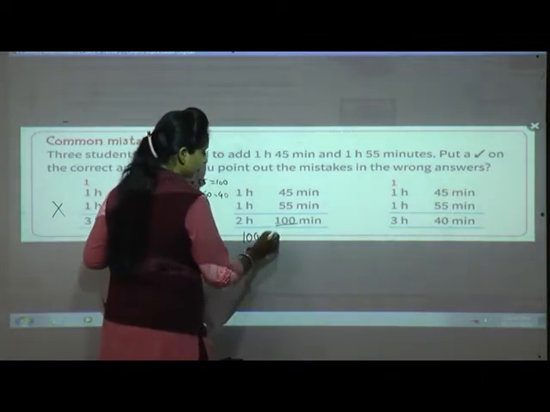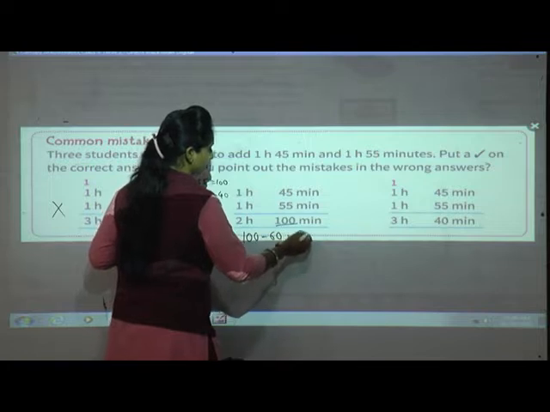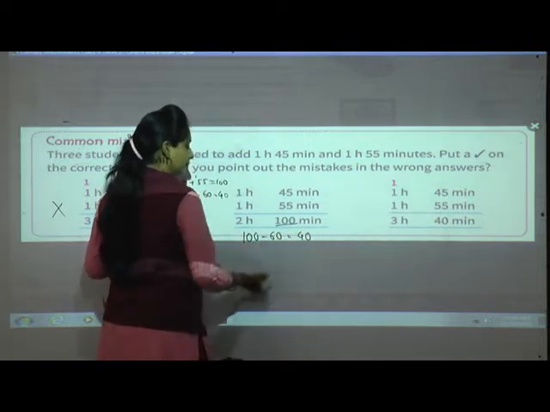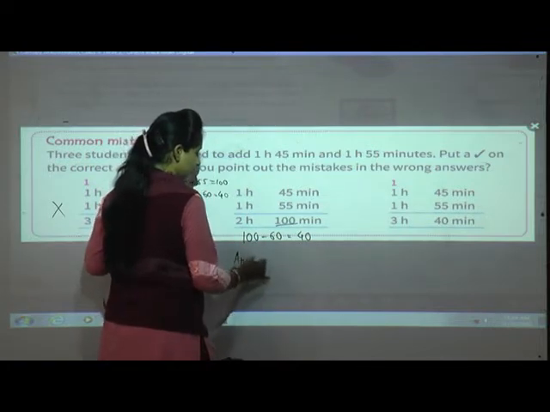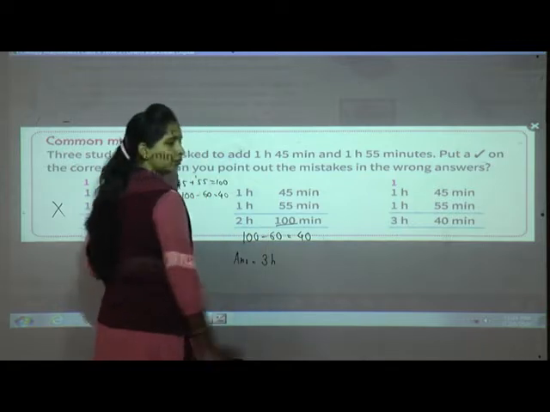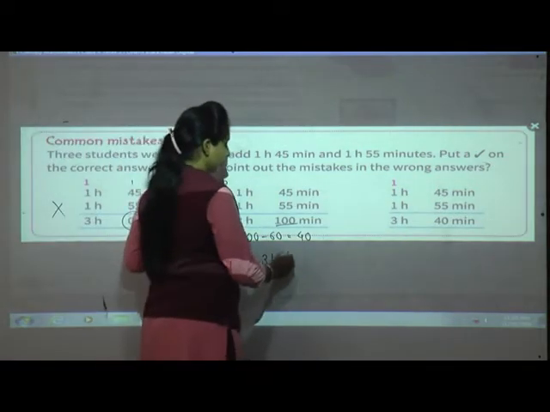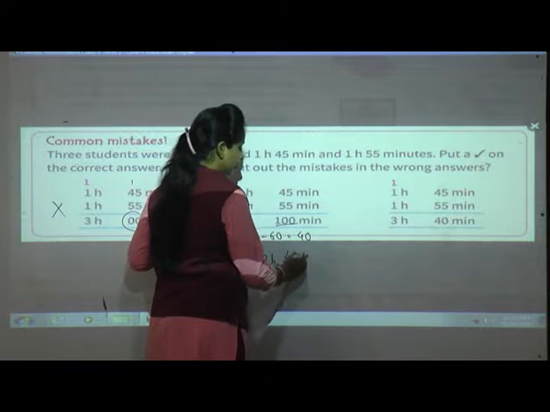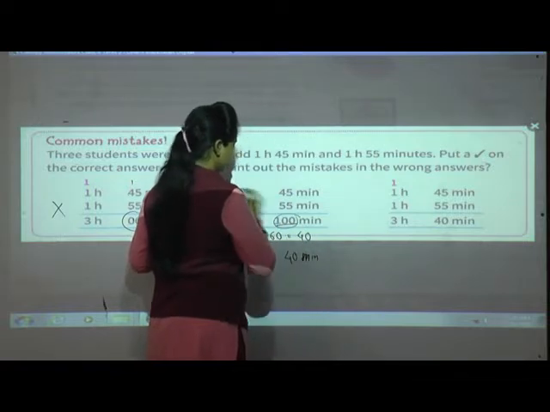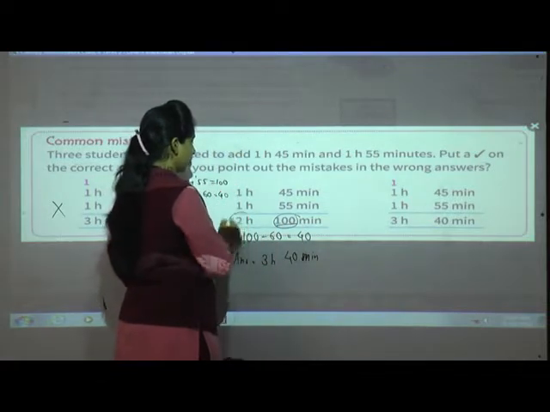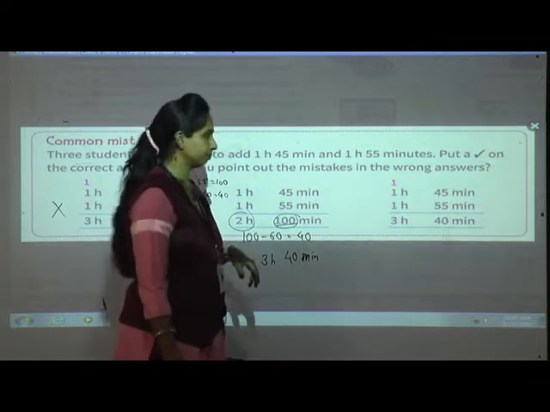So the next step is 100 minus 60, you get 40. Then you have to write the answer as 3 hours and 40 minutes. Okay. But he has not done that. So where did he commit the mistake? He has written minutes as it is and hours also wrong.